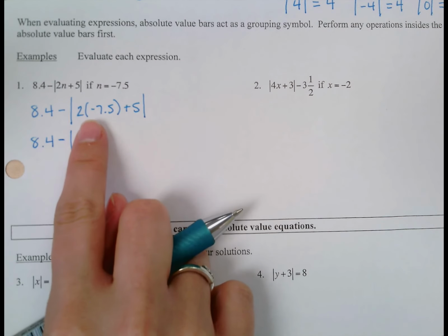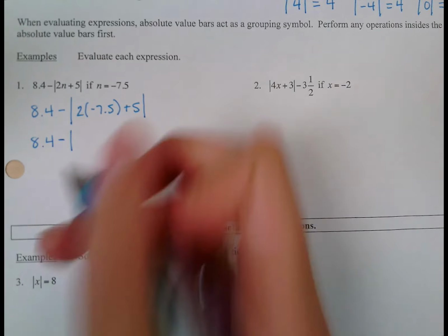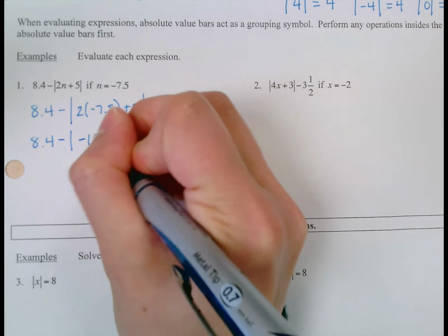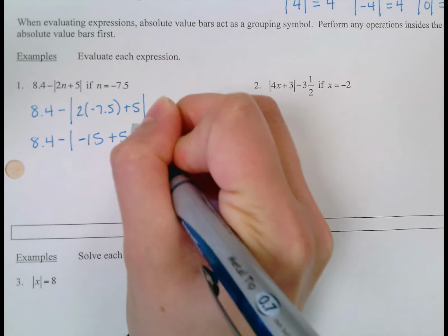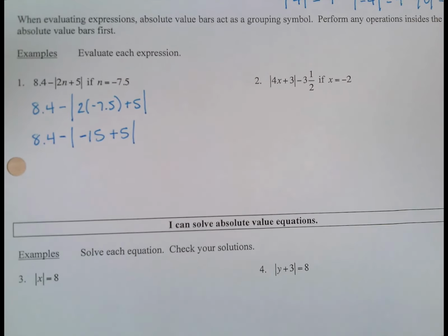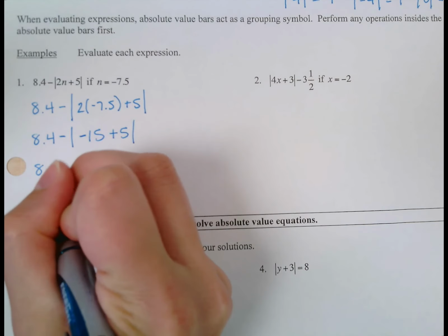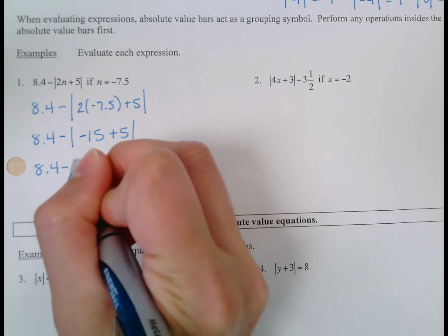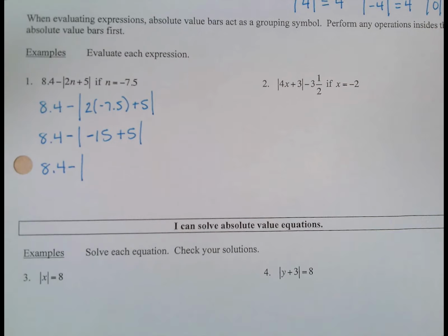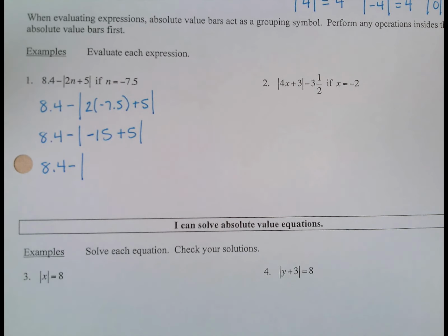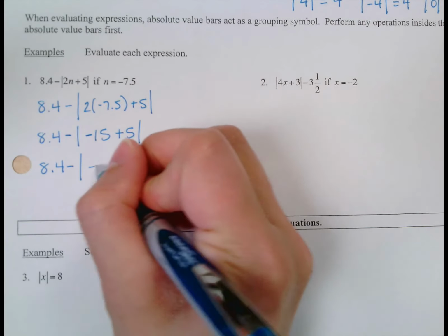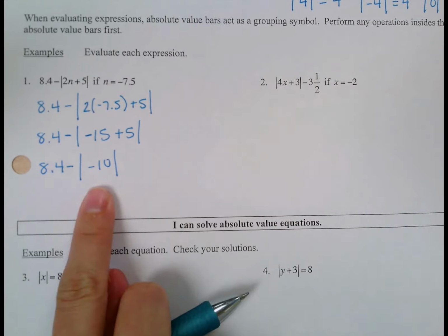Inside we need to multiply first. 2 times negative 7.5 is negative 15. We still have the plus 5. And then we need to add inside of the absolute value bars. Negative 15 plus 5 is negative 10. We still have the absolute value bars.